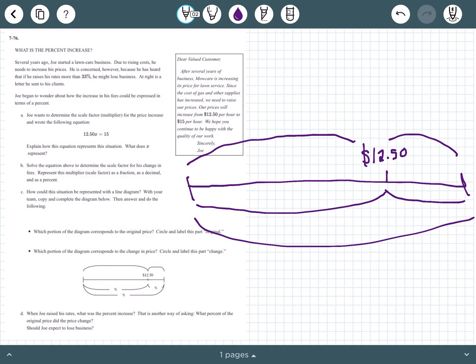I'll tell you where I would start. I know that at the very beginning, this would represent 0%. And the 100% would be right here. That was the original 100% of his price.